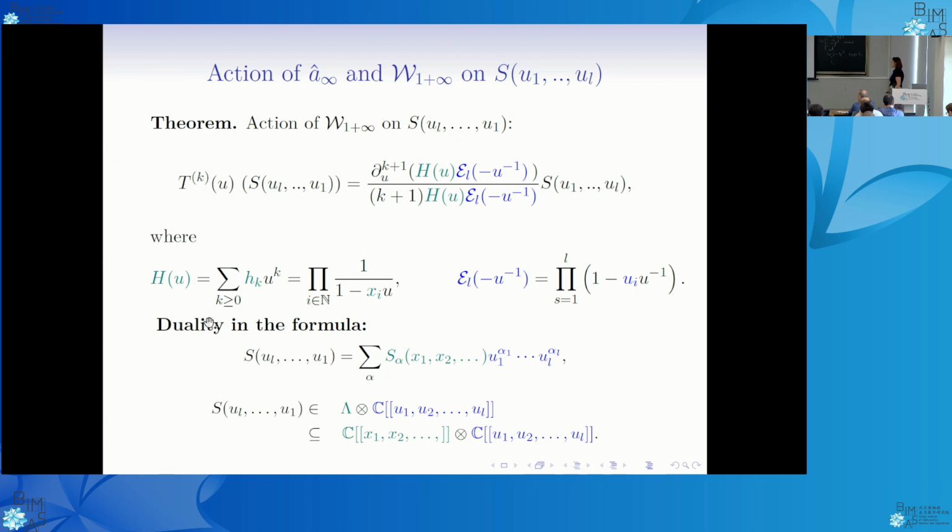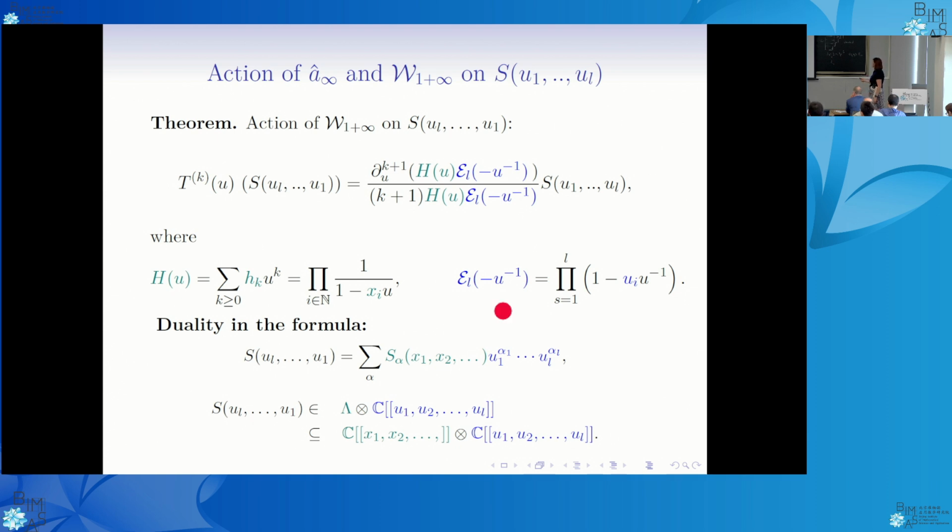So here S of u is the generating function for Schur symmetric functions. It is a formal distribution which has terms consisting of two things: the coefficient, which is a symmetric function, and the monomial, just a monomial. So it lives inside of polynomial tensor polynomial, or formal power series, I don't know where it lives. Anyway, it has symmetric functions multiplied by monomials.